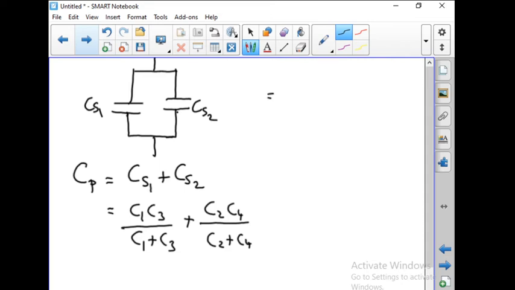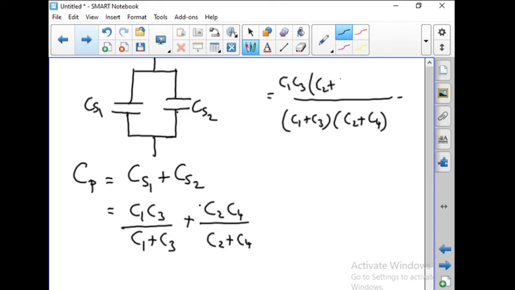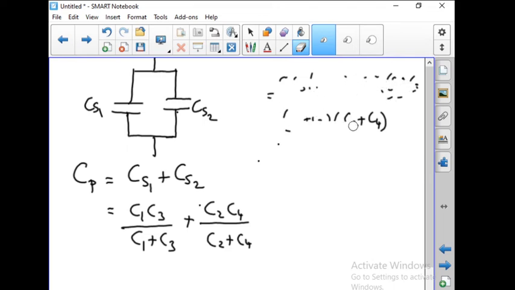It is equal to C1 C3 into C2 plus C4 plus C2 C4 into C1 plus C3, over C1 plus C3 into C2 plus C4. I'll do it again. It is not clear.